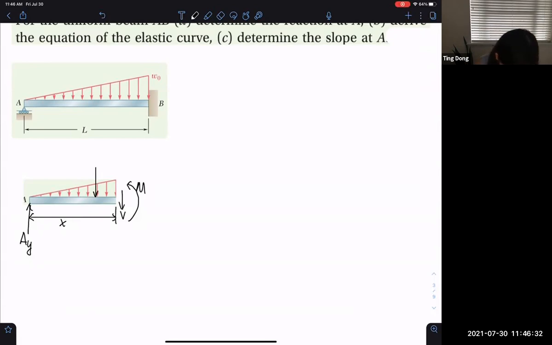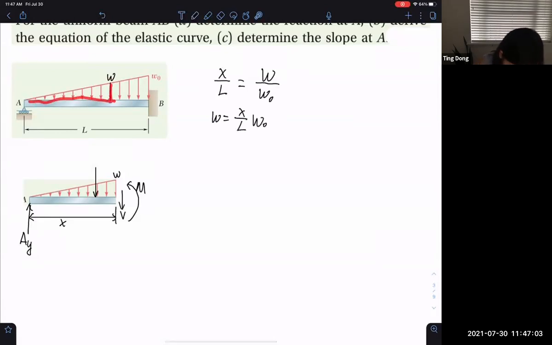Let's say the magnitude at the cutting point is W. We have the relation from the two similar triangles: X over L equals W over W naught. So W is equal to X over L times W naught.